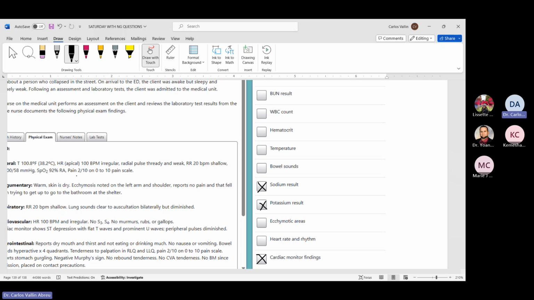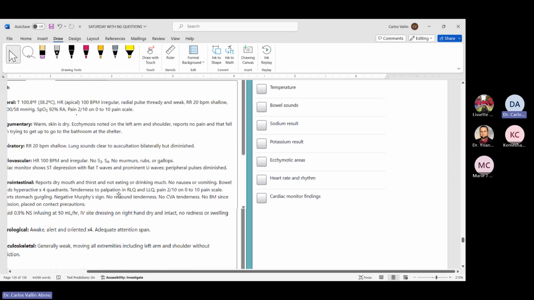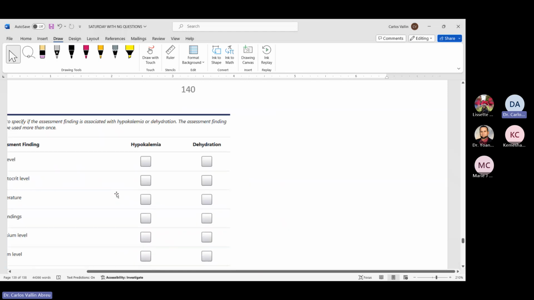So the hypernatremia, the hypokalemia, and the findings of toxicity in the heart from the hypokalemia are the most important that require immediate follow-up. I notice your silence, so I notice that you are not objecting to this decision.